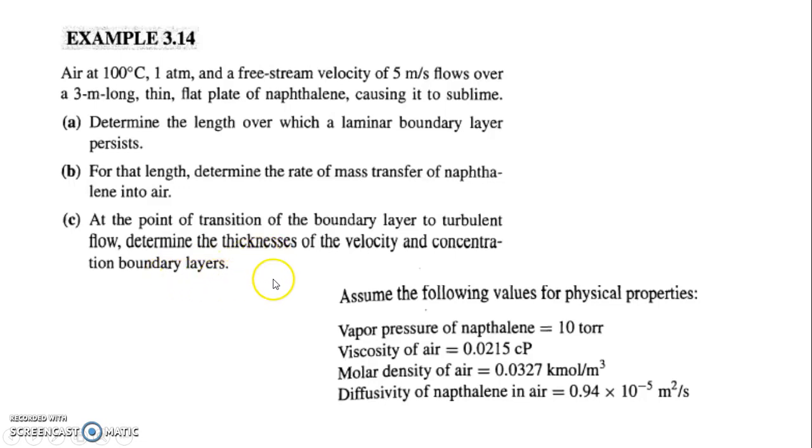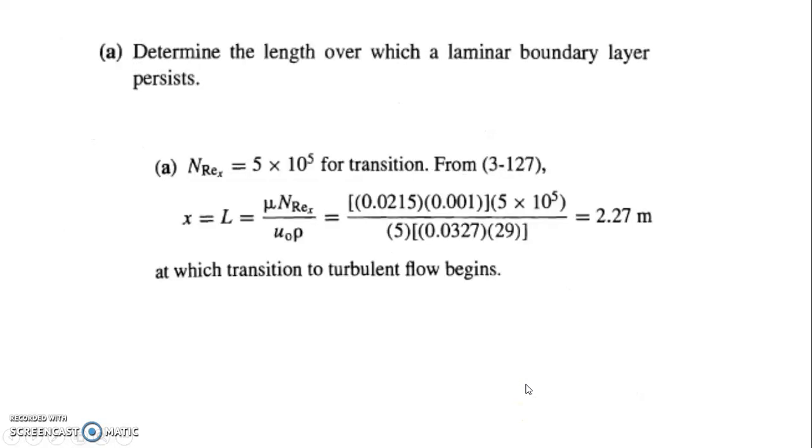Some assumptions have been given for this example: the vapor pressure of naphthalene is 10 torr, the viscosity of air is 0.0215 cP, the molar density of air is these values, and the diffusivity of naphthalene in air is also given. To determine the length over which a laminar boundary layer persists, we use equation 3.127: L equals mu Rex over U rho.